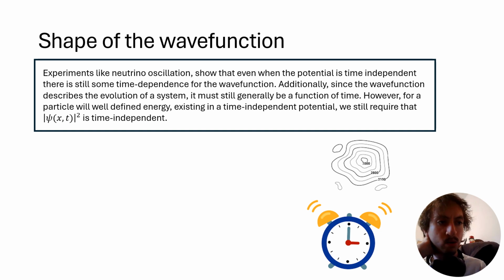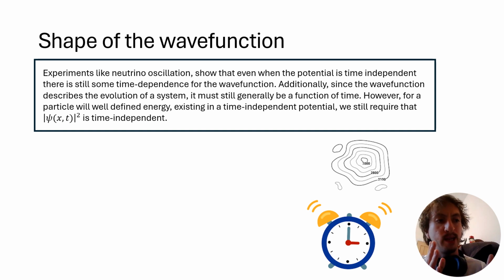So if we've got a particle where its energy is uncertain, so there's some inherent quantum uncertainty to do with the energy of the particle, then if we have a well-determined classical potential, the only place for that uncertainty in energy to come from is uncertainty in momentum of the particle, or in other words, uncertainty in the kinetic energy the particle has.